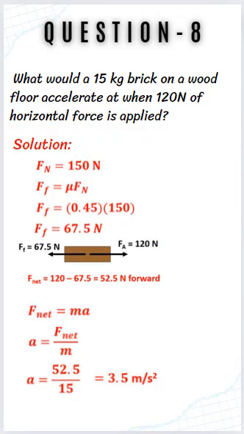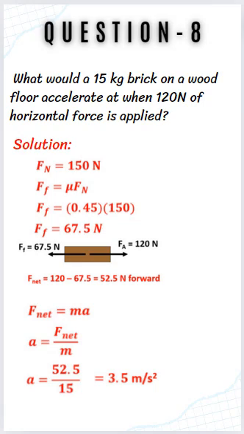In question 8, weight of the brick equals 15 kilograms multiplied by g equals 150 Newton. For brick to wood surfaces, coefficient of kinetic friction is 0.45. So frictional force is 67.5 Newton.